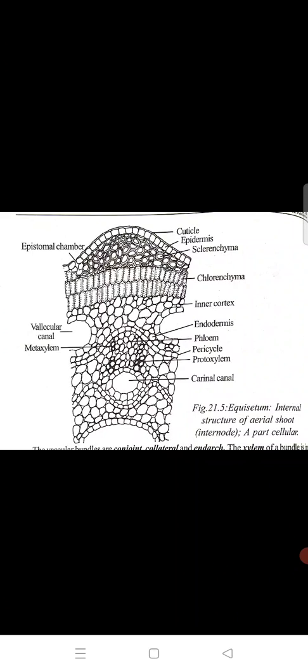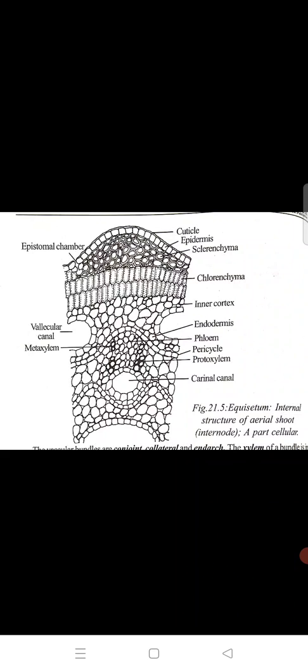So here, below the carinal canal there is a presence of phloem, and the pith has a large pith cavity, so it is hollow in structure. So the internode or the stem of the Equisetum is a hollow structure. So this pith is an air cavity or hollow cavity.